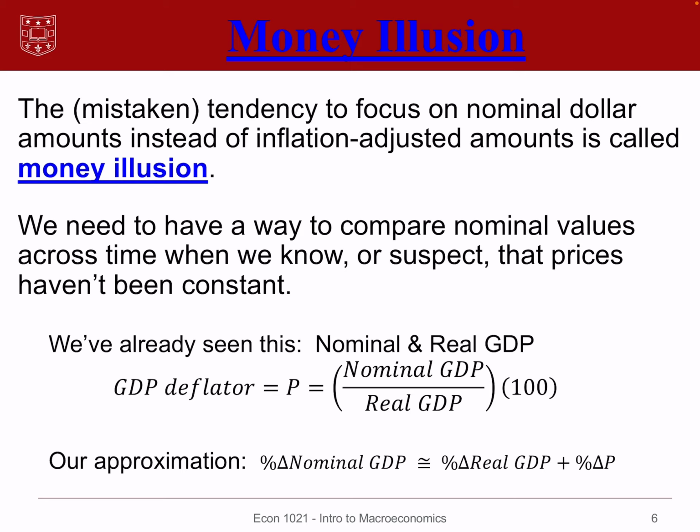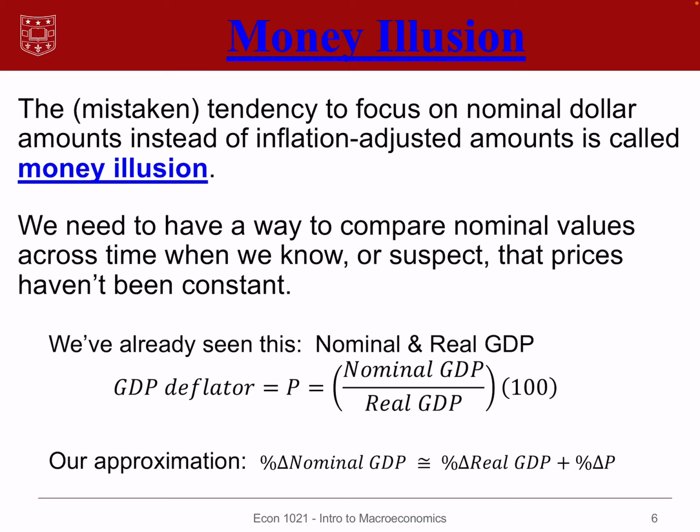The second thing that I want to turn to in terms of ways in which we commonly use price indices is to compare nominal values across time when we know or we suspect that prices haven't been constant. And so this allows us to avoid a phenomenon that's known as money illusion. And we often fall into this trap.